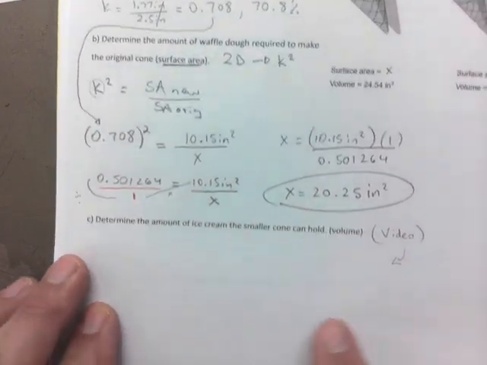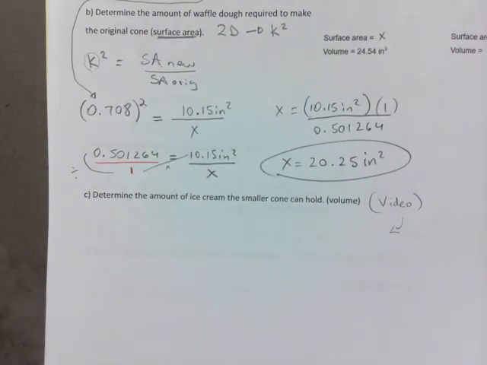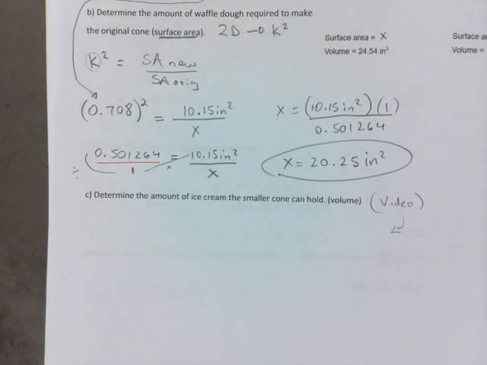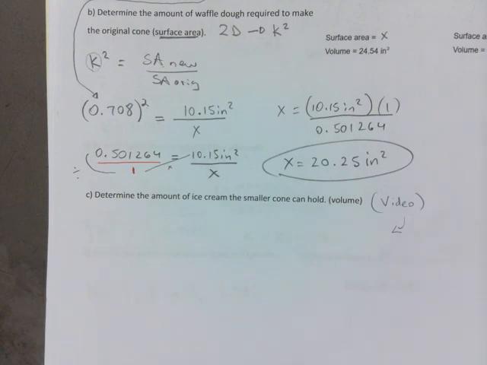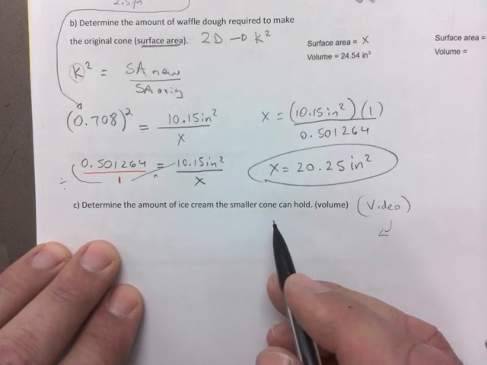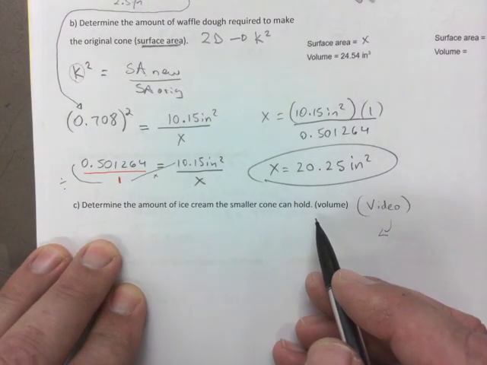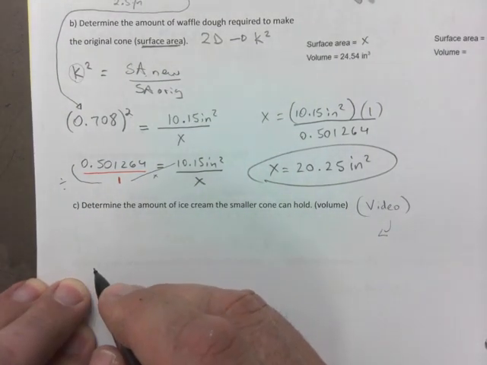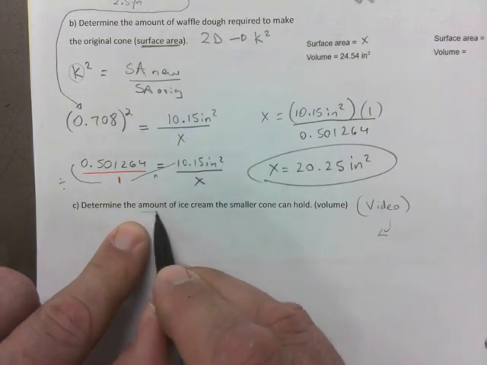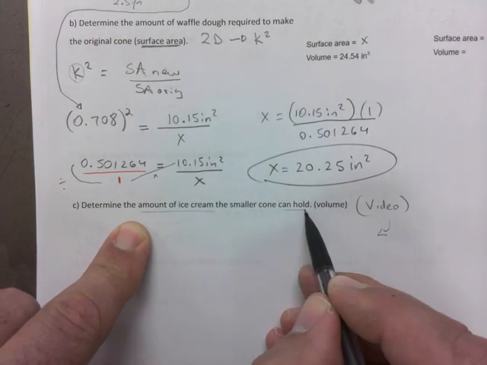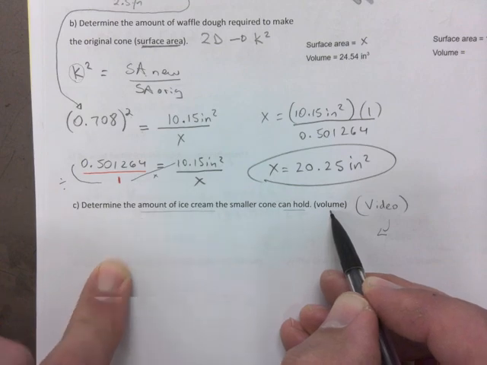I'm reminded of the fact that I didn't finish this part right here on page 37, so let's go and do that. Determine the amount of ice cream the smaller cone can hold. That is a hint for volume.